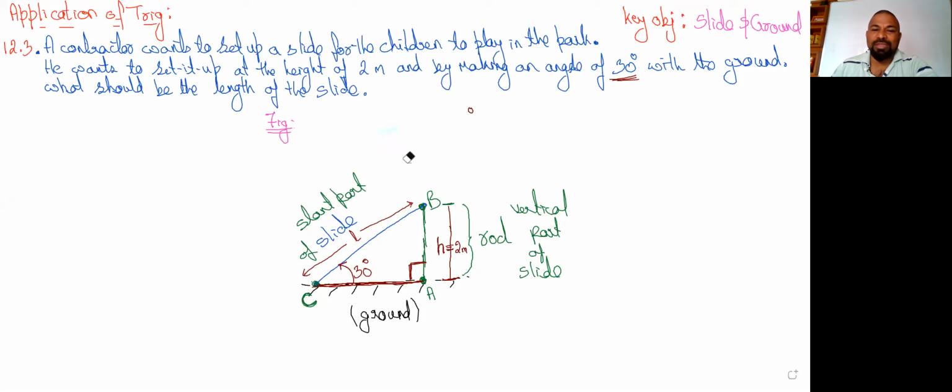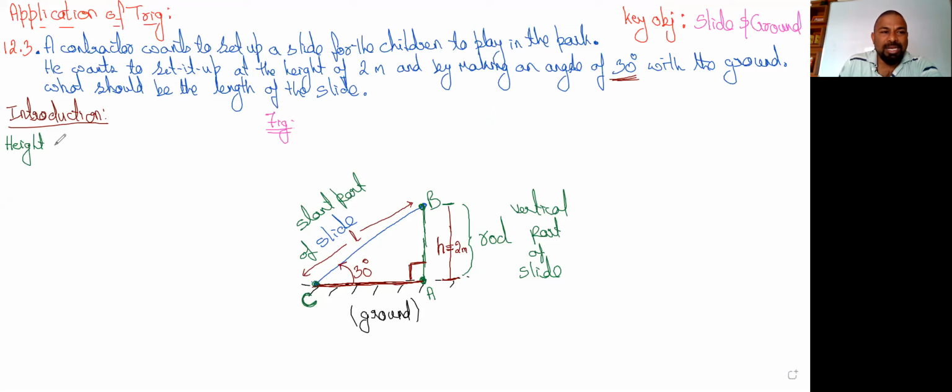Okay. Now let's go for the introduction of the steps. We are dealing with the introduction of all the objects, right? The first step, what we are taking here, is nothing but height of the slide.